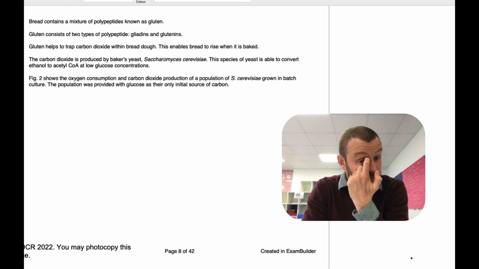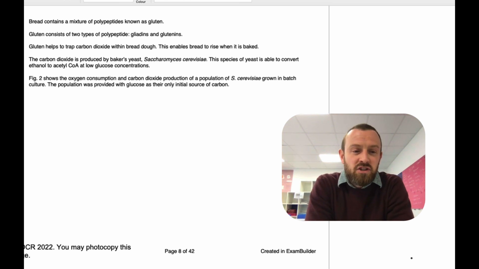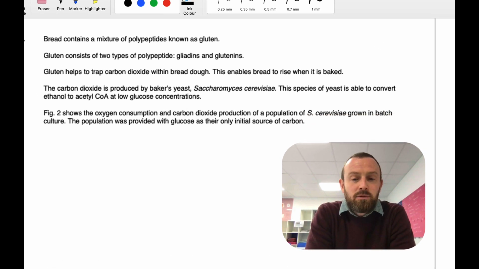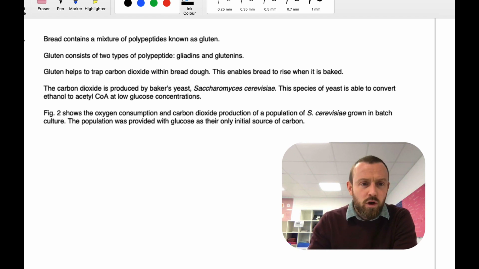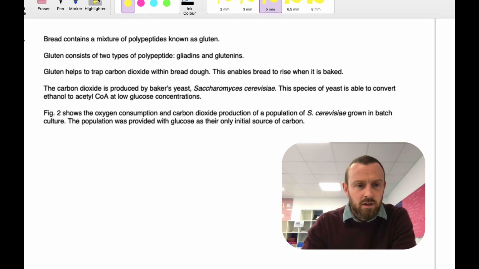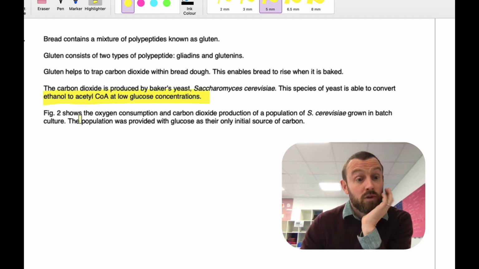So the species of yeast is called Saccharomyces cerevisiae, baker's yeast, and it's able to convert ethanol to acetyl-CoA at low glucose concentration. We know that it can use glucose as a respiratory substrate, but it also can use ethanol as a respiratory substrate if there's not enough glucose.